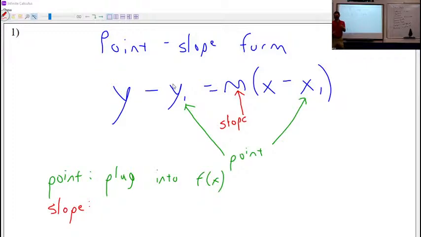Oh, that's right. The derivative. If I put in the derivative, I get out the slope. So on these problems, we're going to figure out the point, figure out the slope, write our equation.